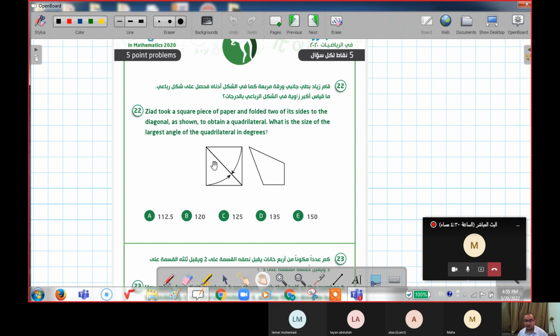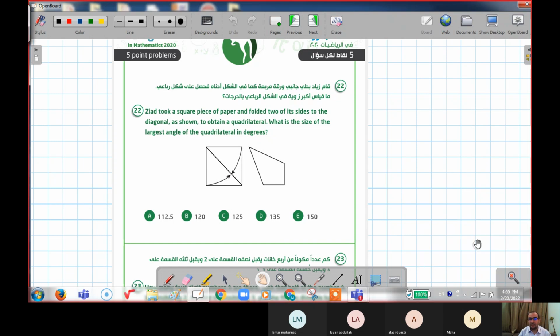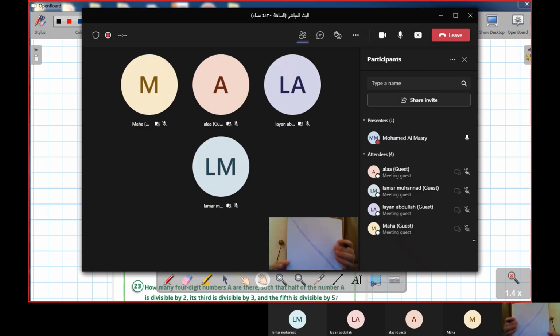I hope it was clear. This is the square piece, and this is the diagonal.